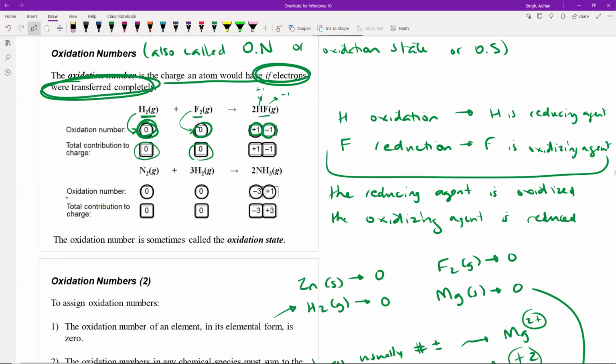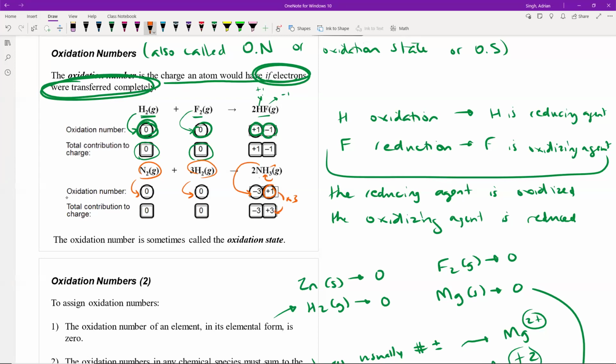Okay, if we look here at the second example, we have nitrogen elemental form 0, hydrogen elemental form 0. Hydrogen in a compound, when it's not combined with a metal, is going to be +1. We have 3 of them, so the total contribution is +1 times 3, which gives +3. If the H is +1 and we have 3 of them, then the nitrogen has to be -3 to cancel that out.